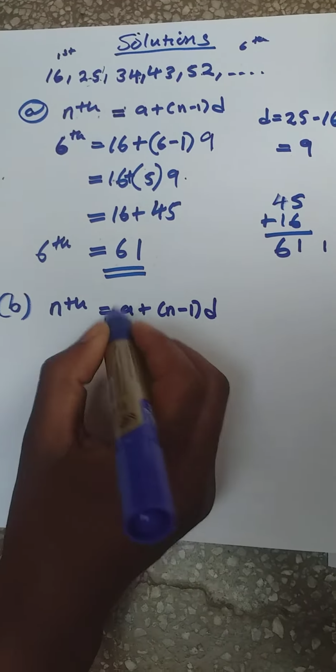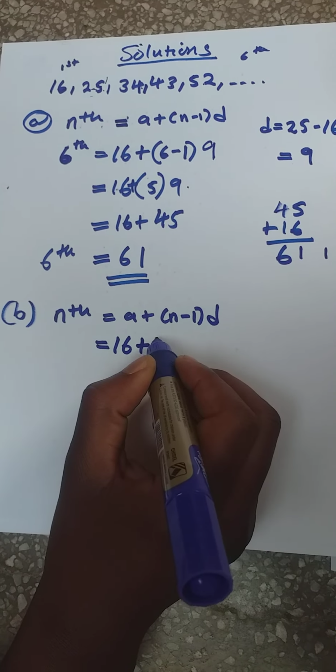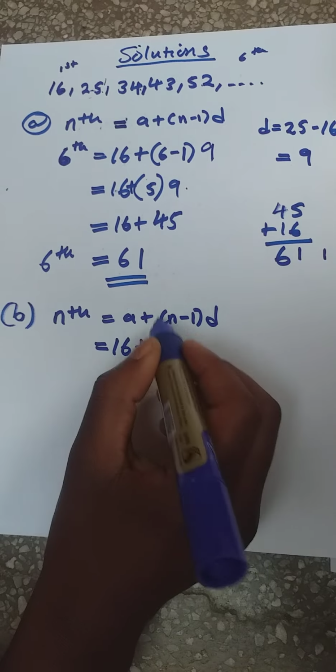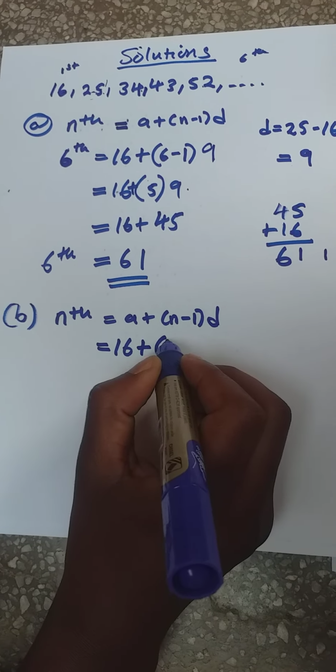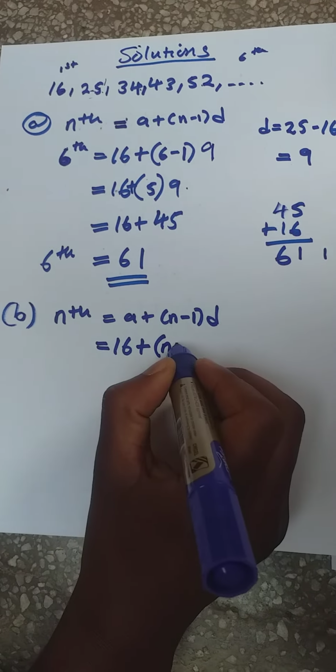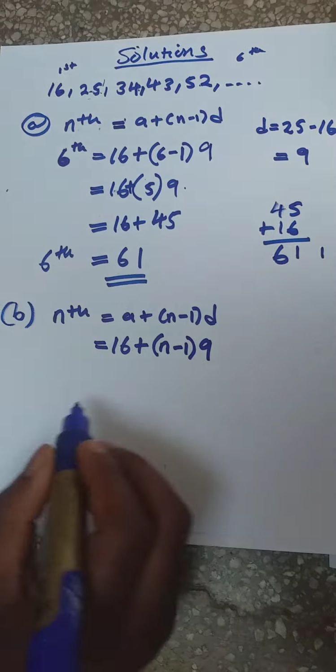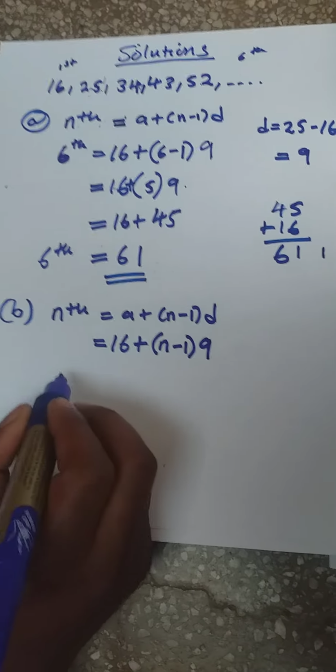And then the first term is 16 plus, the term they want us to find we don't know, so we can't replace anything, so it's n minus 1. The common difference, we have already calculated, it's 9. We found it in part A.